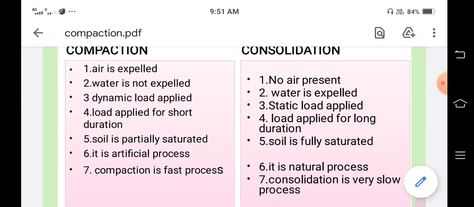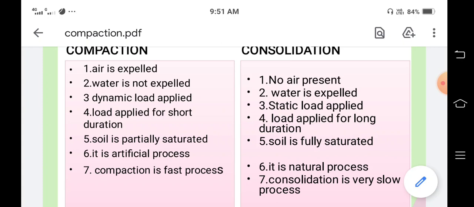So compaction is a fast process, and consolidation is a very slow process. As we already learned, it may take a period of 30, 40, 50 years. This process is very slow, and the compaction process is very fast. You also know that the consolidation topic we will learn in foundation engineering, the second part of geotechnical engineering.